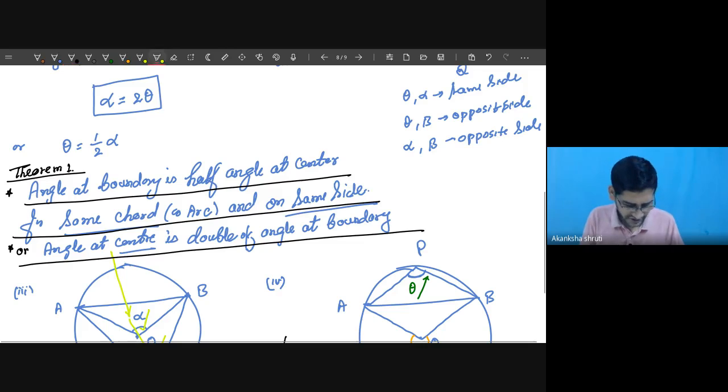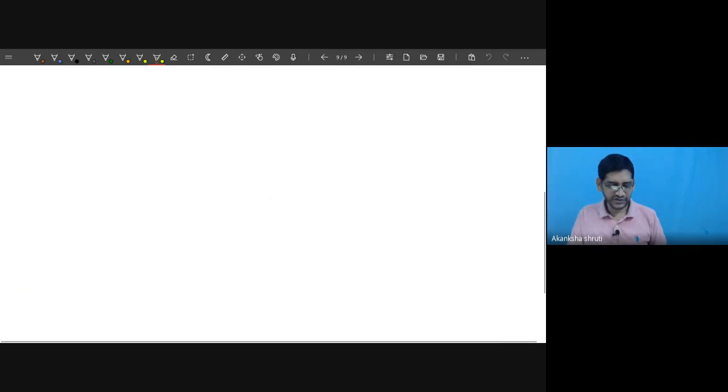This is our first theorem, where we have learned the angle at the center is double of the angle at the boundary. Now it is possible that the angle is formed on the same boundary by the same curve.